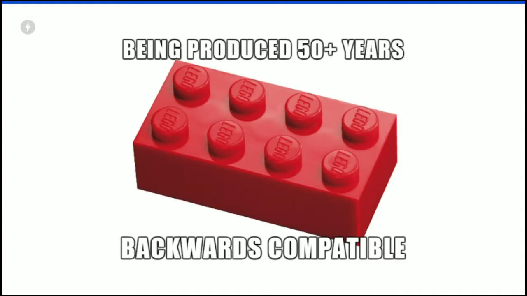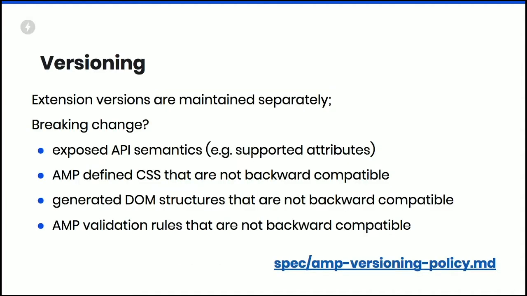Likewise, when we edit a component, it's always good to keep in mind whether it's backward compatible, especially when you are updating an existing component, whether you are updating the attributes it supports or the CSS. And it's always good to keep in mind whether anything that you do can break other people's web pages through things like CSS selectors or DOM structure.